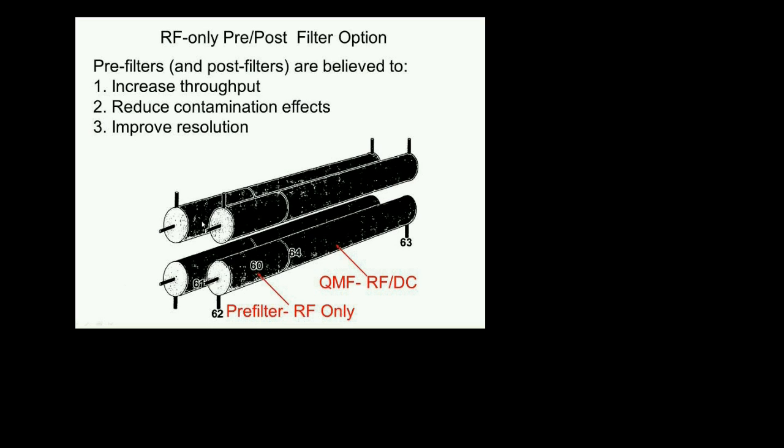So even if these devices get contaminated right at the beginning, particularly by all the gases that are sticky, they are not affected by that contaminant because there is no DC component on the rods. The general rule of thumb is that a device with pre-filters, if there is a contamination issue, will typically last you about 3 times longer before you need to do any service.